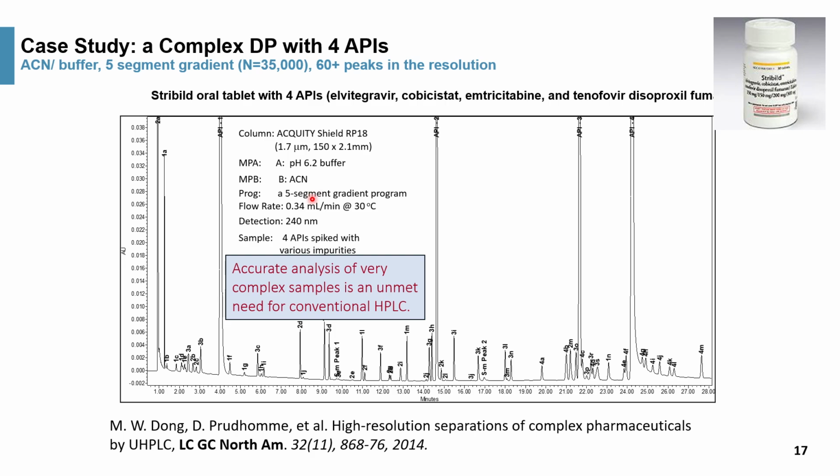Very impressive separation using a very simple 5-segment gradient program. This method was developed with the help of Fusion QbD, a software program using DOE, design of experiments, to optimize the conditions of this gradient program.